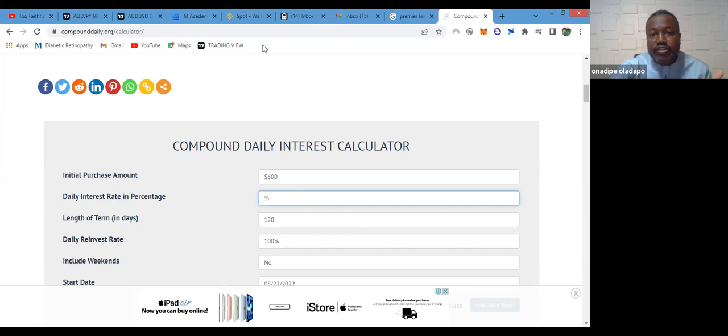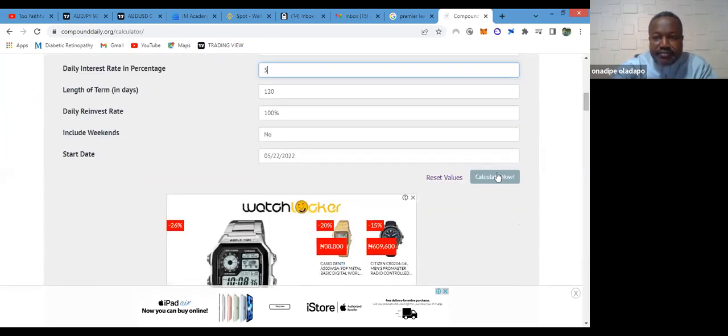Somebody who was just doing regular trading was doing 40 to 75%, while the person who was doing smart trading was doing over 100%. So that's like times 2. Let's just put it at 5%. Let's not go higher than that.